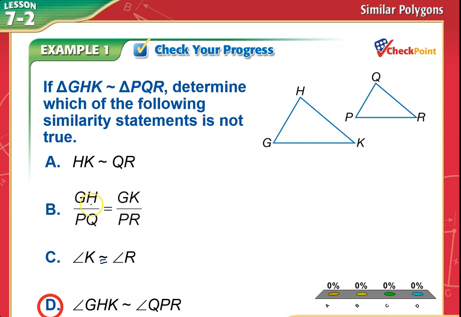GH divided by PQ should be the same as GK divided by PR. That's true because of corresponding sides. But the angle GHK, which is basically this angle here, should not be similar or congruent to QPR down here because they're not corresponding.